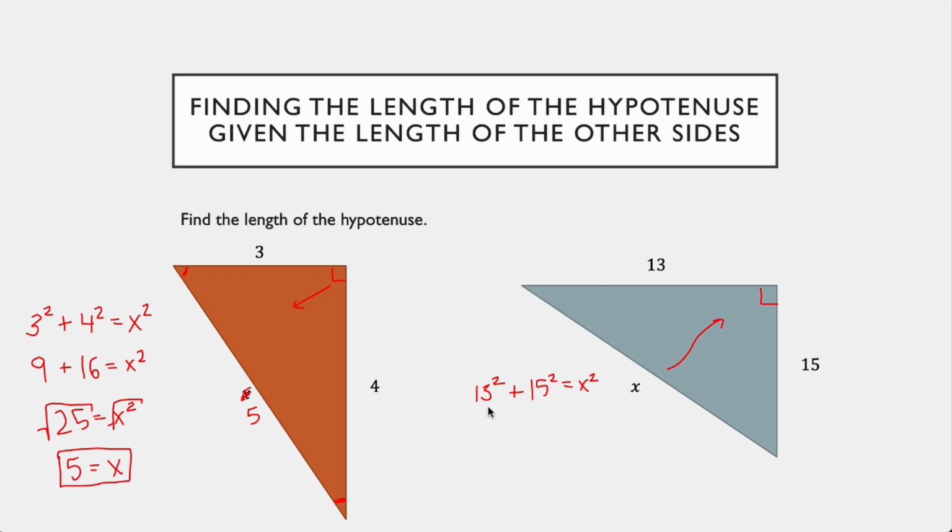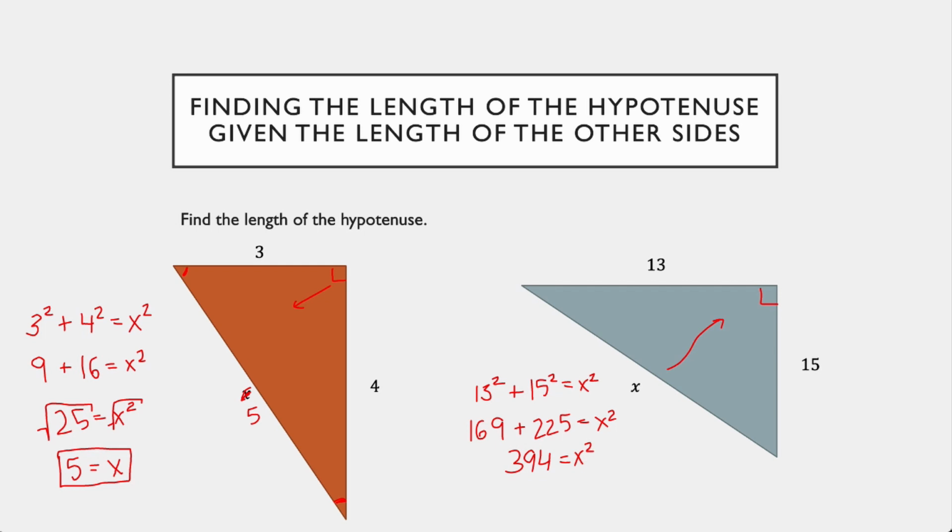So 13 squared is equal to 169, and 15 squared is equal to 225. And that's equal to x squared. 169 plus 225 is equal to 394, and this is equal to x squared.